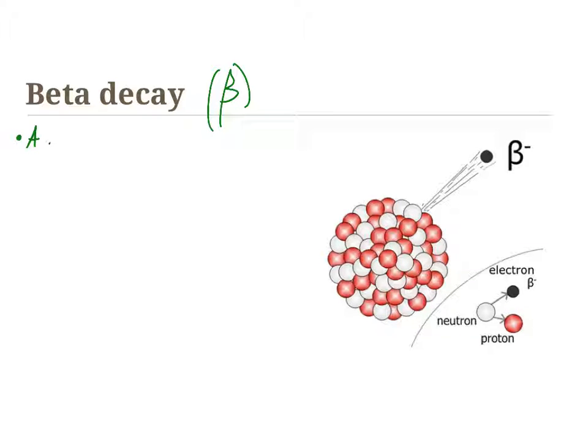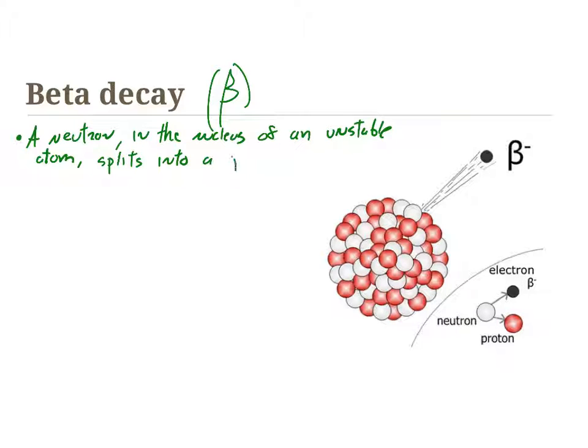Beta decay takes place when a neutron in the nucleus of an unstable atom splits into a proton and an electron. Okay, so that's what happens.